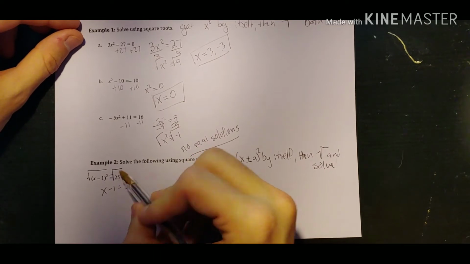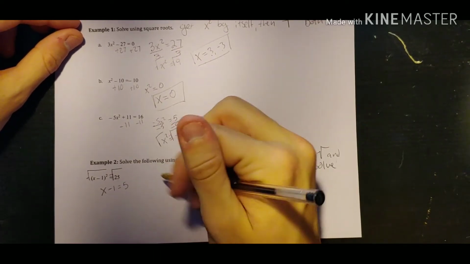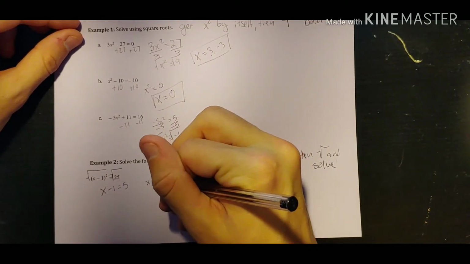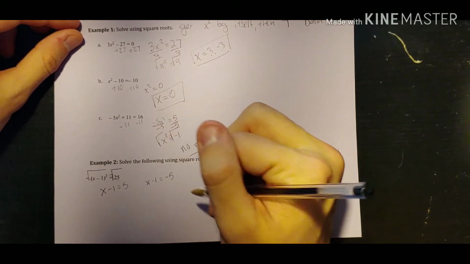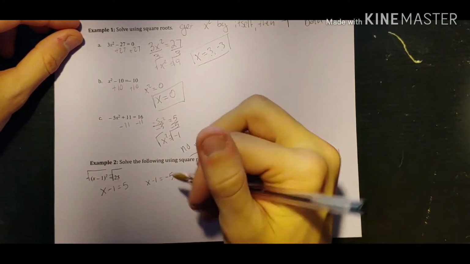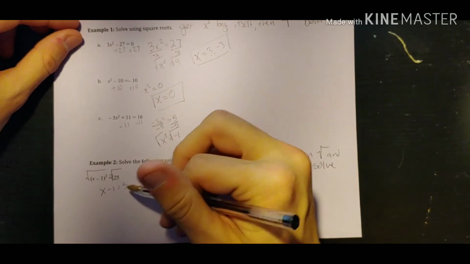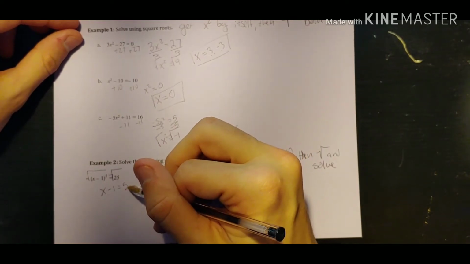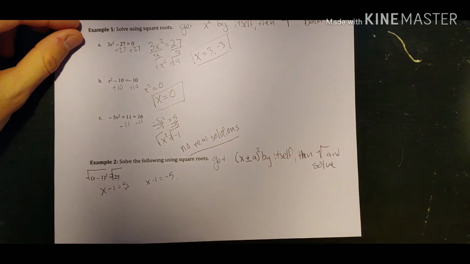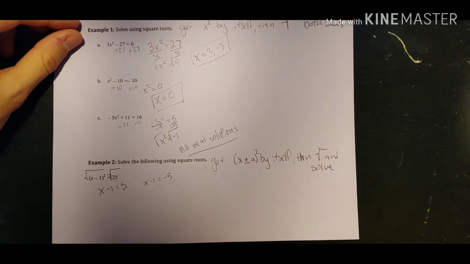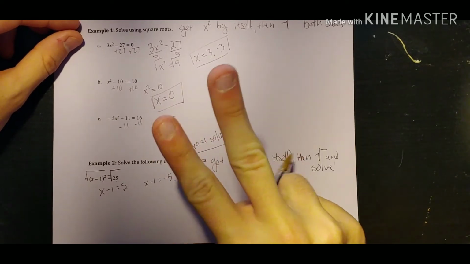But if you remember, we have to do x minus 1 equals 5, and x minus 1 equals negative 5. Because if we still squared both sides, negative 5 squared is 25, and so is 5. So we have to do two equations. You're going to get two solutions.